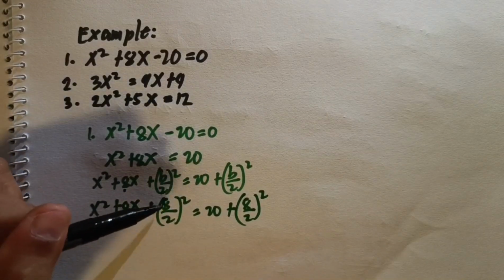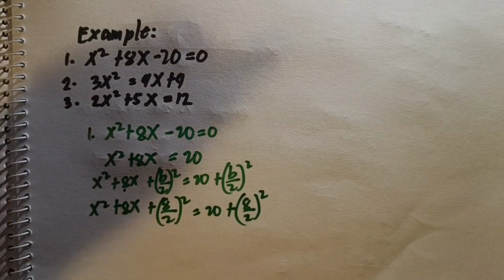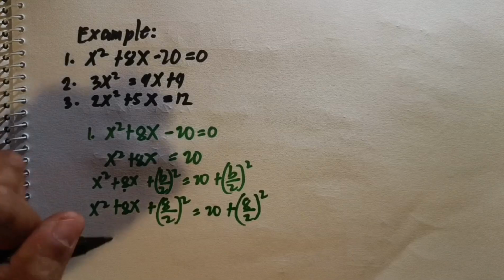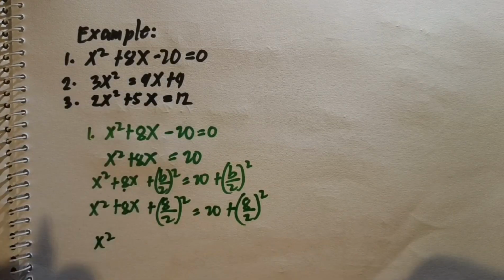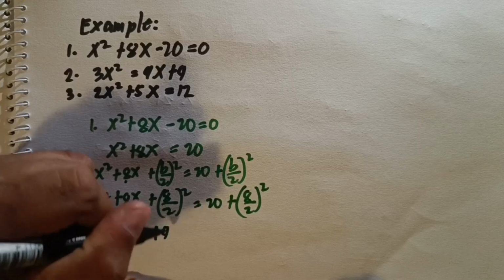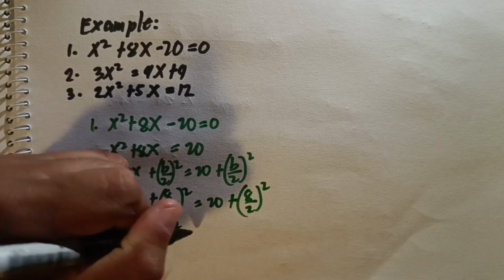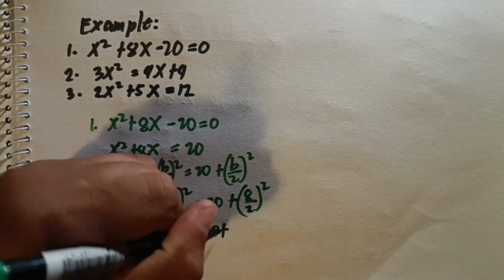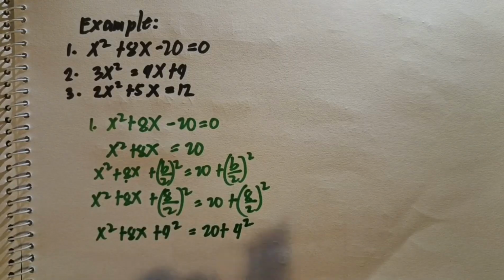So in this case, 8 over 2 is the same as 4, or 8 divided by 2 is 4. It will become x squared plus 8x plus 4 squared equals 20 plus 4 squared.